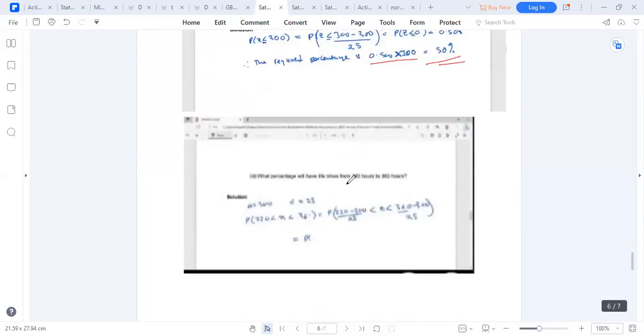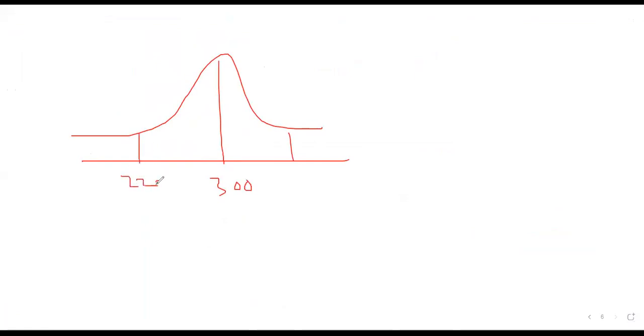What is the percentage that it will be between 220 and 360? It's an interval. We have 300 here, 220 here, and 360 here. It's an interval between these two. We know the mean is always at 0.